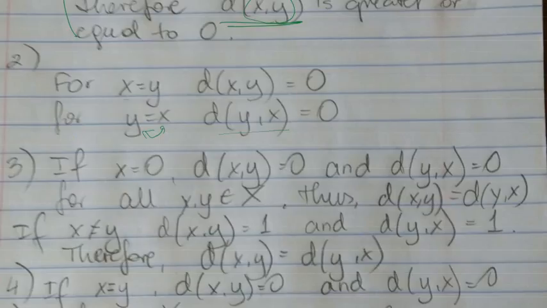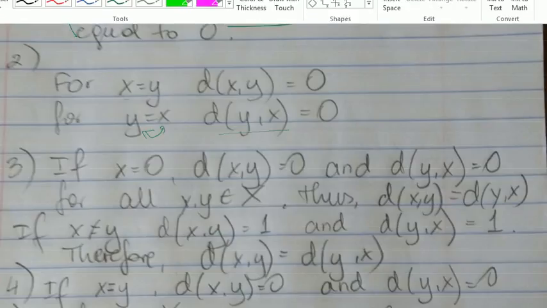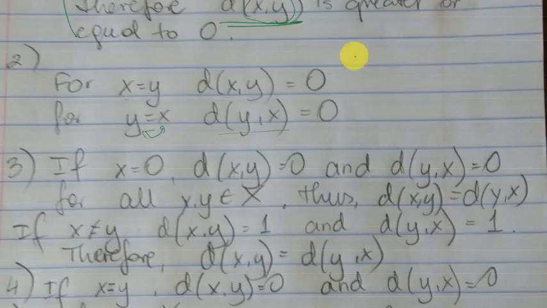Okay. So, for example, the second property is: if the distance is 0, then x must be equal to y. And if x equals y, then d of xy must be 0.